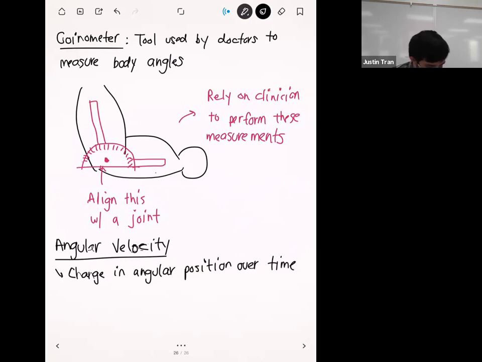Okay. And so the symbol that we usually give for angular velocity is omega, and it's going to be the derivative of theta over time. And so it's d theta dt.